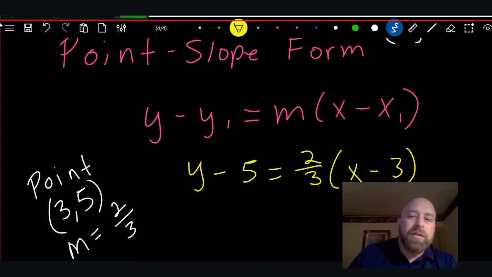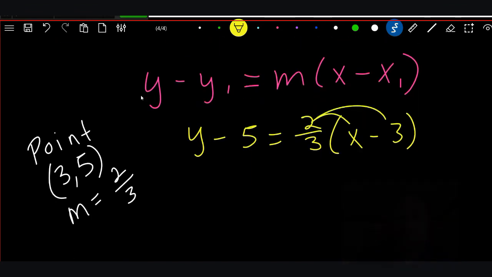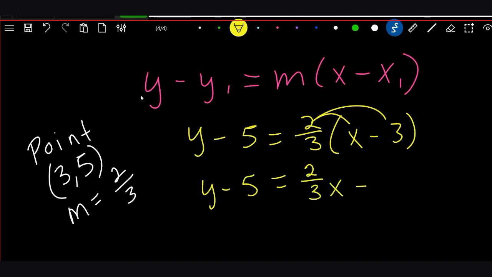Now we would just solve it like we would solve any algebra problem, and we would go ahead and distribute, and we would get y minus 5 equals 2/3 x minus, and you can come over here and do this over here if you need to, 2/3 times 3 over 1, so that's going to give us 6 over 3.